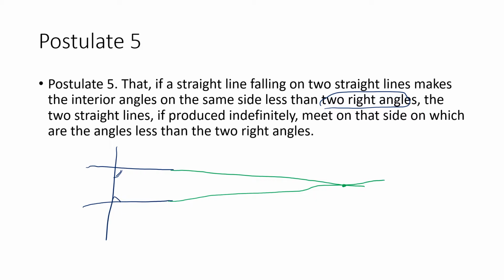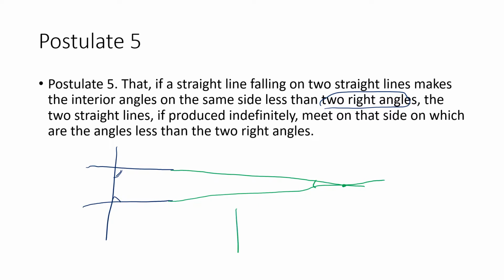Previously we had the parallel definition, that two lines in the same plane that never meet, whenever you produce them indefinitely, are called parallel lines. Then this says, okay, if there are two lines and the angles are not two right angles, then they will definitely meet.